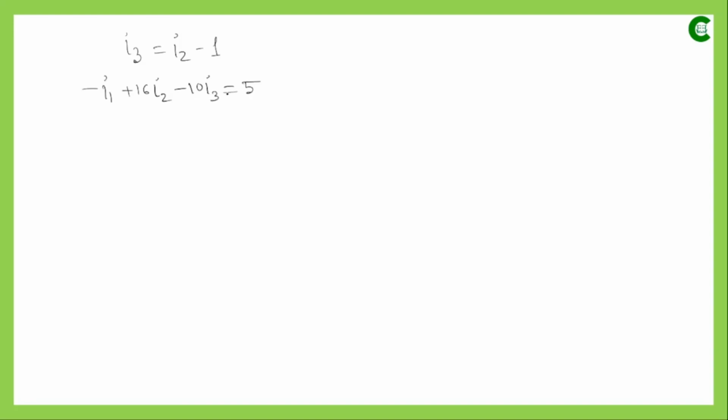It has all the current variables I1, I2 and I3. Now we replace I3: minus 10 times I2 minus 1, and that will be equal to 5.